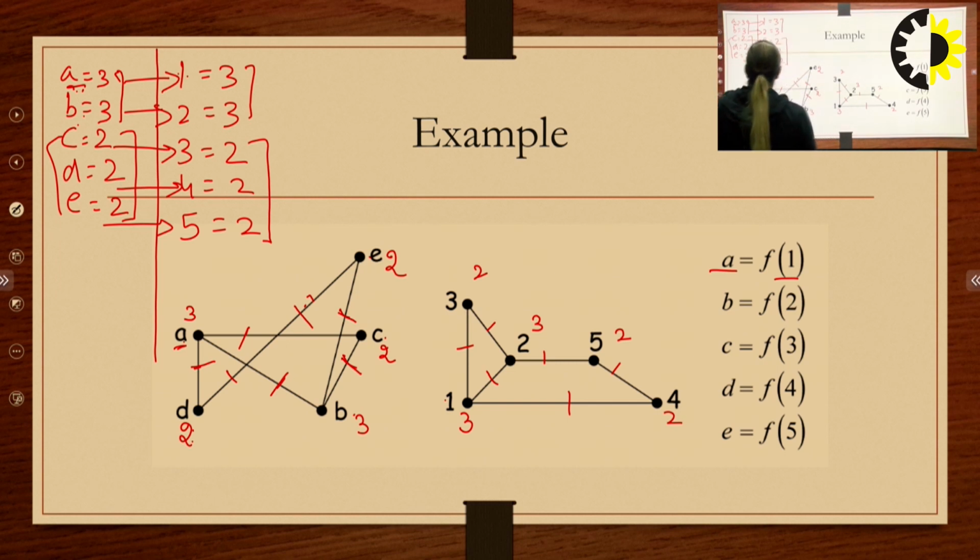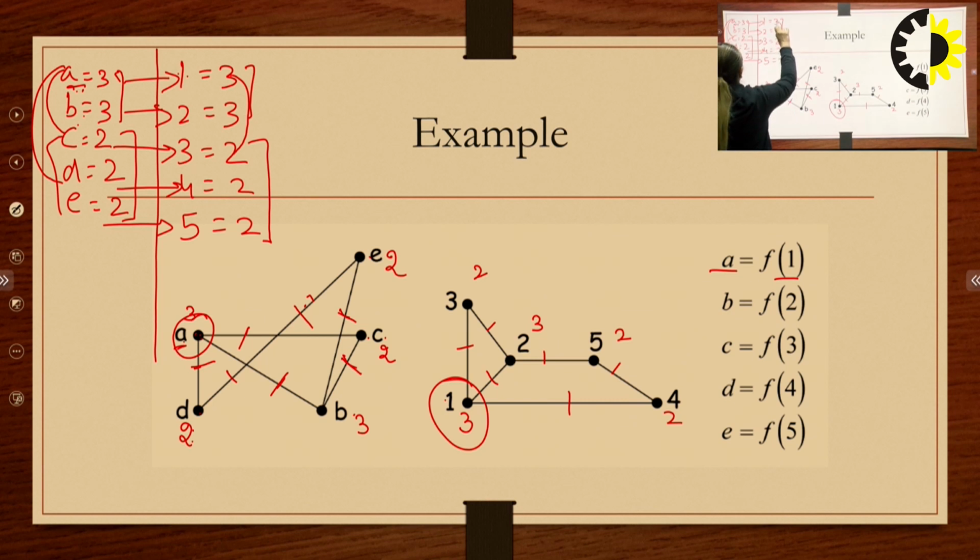Here also you can take any combination, but you have to check whether they are forming the same graph or not. Now see, A is mapped to 1. Here A is connected to D, B and C. D is mapped with 4, B is mapped with 2, C is mapped with 3.